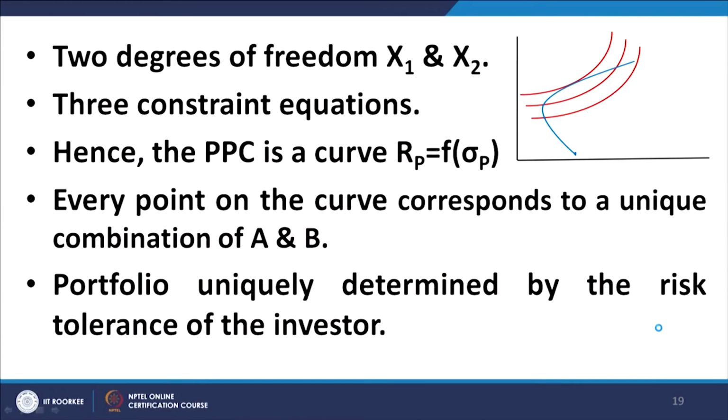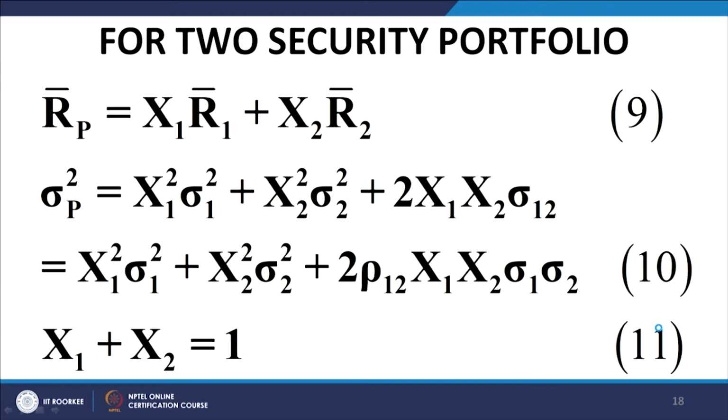There are 2 degrees of freedom, which are the constituents or the composition of the security, the composition vector, as you may call it, x1 and x2. These represent the 2 free variables, and we have 3 constraint equations, as you saw here: equation number 9, equation number 10 and equation number 11.